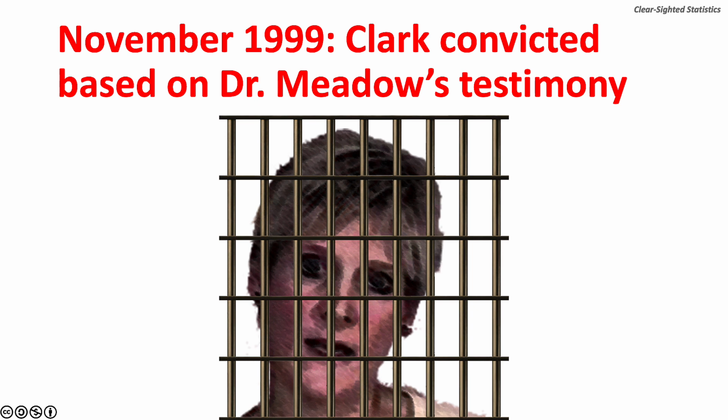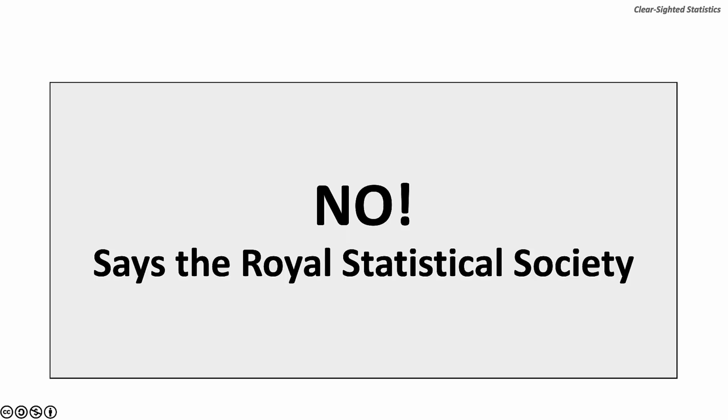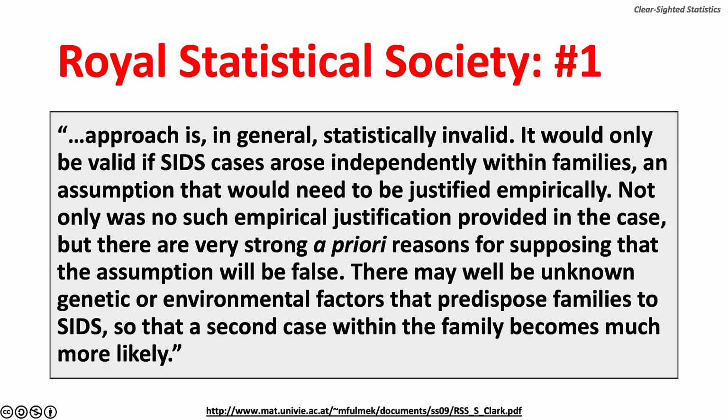But was Dr. Meadow's testimony sound? No, says the Royal Statistical Society. The Society raised serious concerns with how Dr. Meadow used statistics. The Royal Statistical Society raised 2 objections. The approach is, in general, statistically invalid. It would only be valid if SIDS cases arose independently within families, an assumption that would need to be justified empirically.